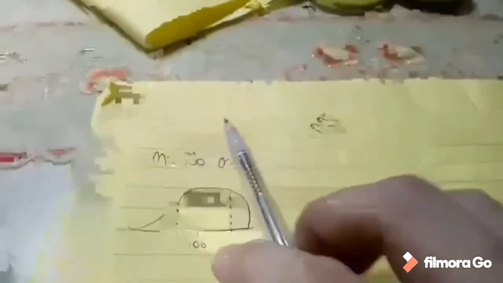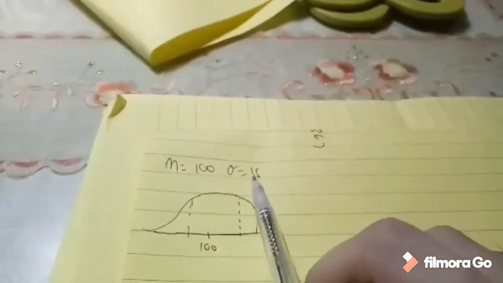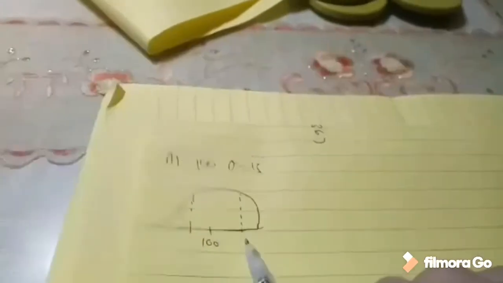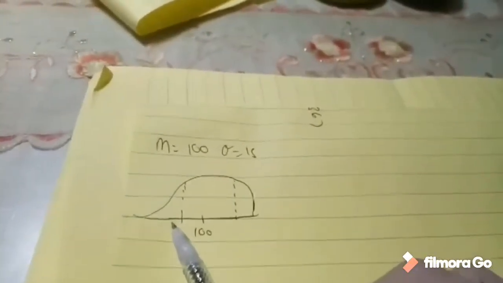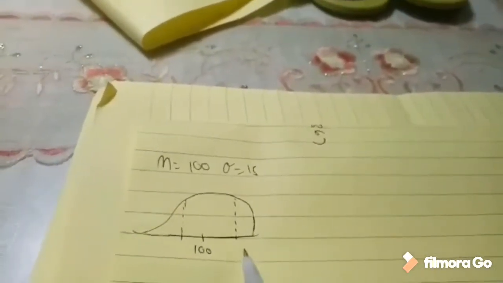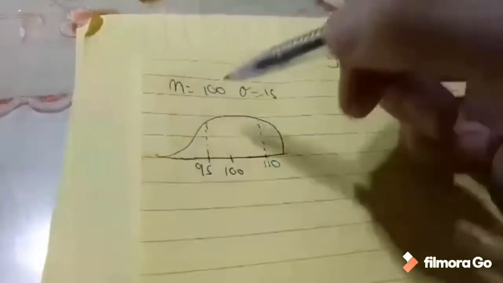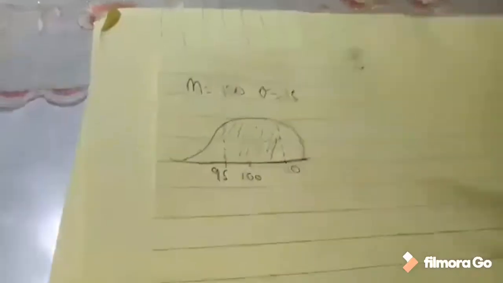Again, mean 100, standard deviation is 15. We go to 95 and we shade the region up to 110.